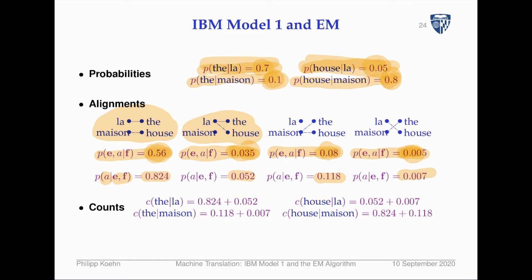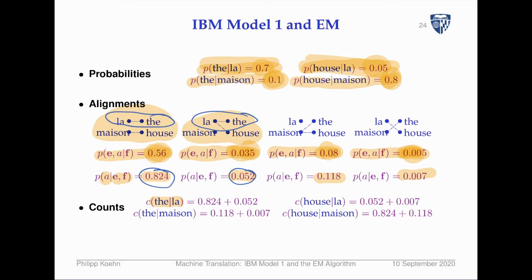And now with the gaps in the data filled, we can collect counts. What evidence do we have for la being the explanation for the word the? Well, it occurs here, so we're going to take this number, and it also occurs here, so we're going to take this number.